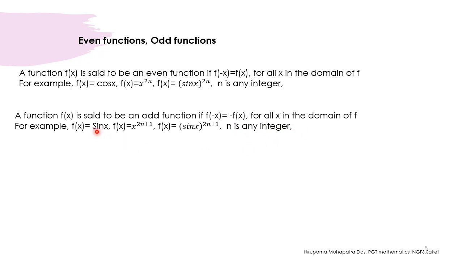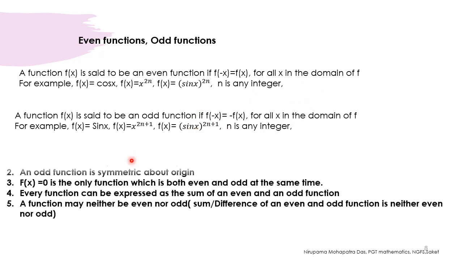As you know, sin(-x) = -sin x, so f(x) = sin x is an example of an odd function. f(x) = x cube, x to the power 5, f(x) = x. Wherever the sign of x changes, the sign of f(x) also changes. And sin cube x, sin to the power 5 x, and so on. So odd powers of sin x and odd powers of x are some of the odd functions, and of course here n is any integer.